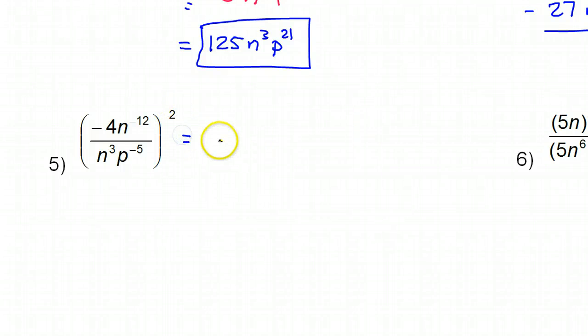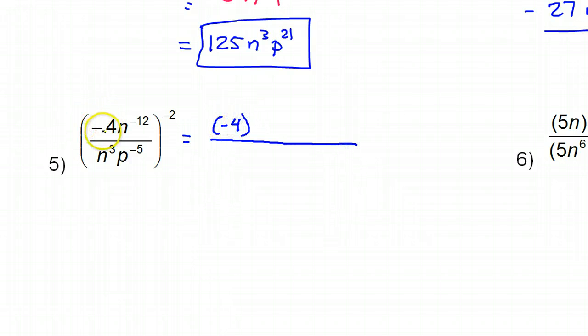So, Natasha's method, alright, I've got my negative 4 there, and for now I'm just going to stick this negative 2 power on it. Notice I put that negative 4 in parentheses. You should do that.